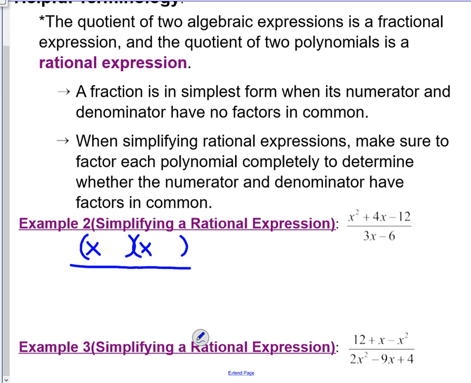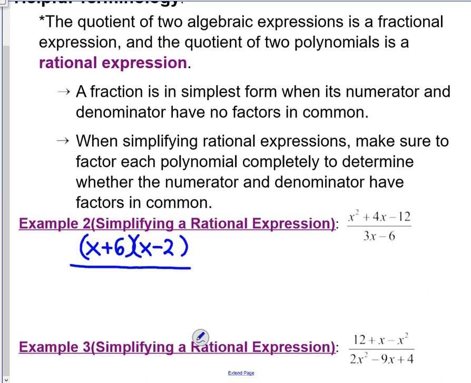I'm coming up with two numbers I multiply to get -12 and add to get a 4. Ooh, one's going to have to be positive, one's going to have to be negative. The larger one's going to be positive. How about positive 6 and -2? There's our numerator factor. They multiply 6 and -2 to give me -12. They add to give me a positive 4.